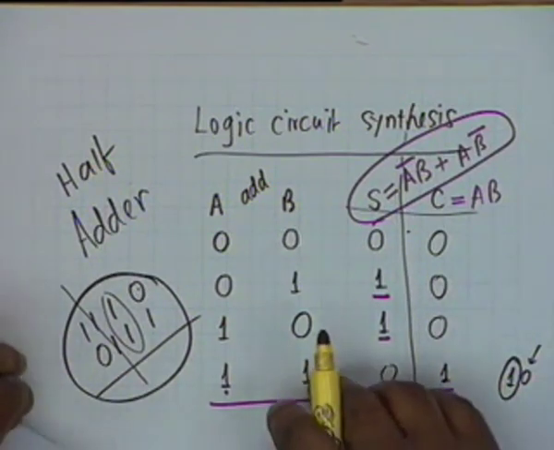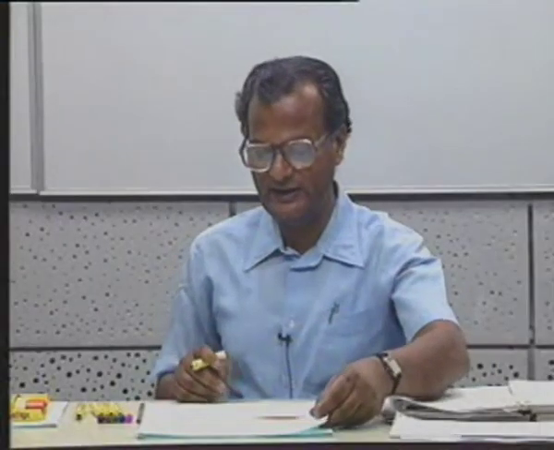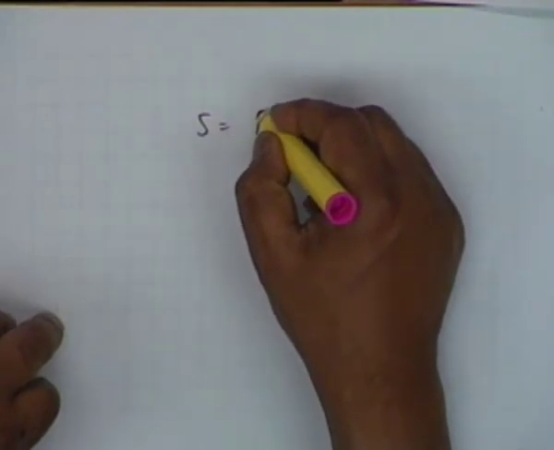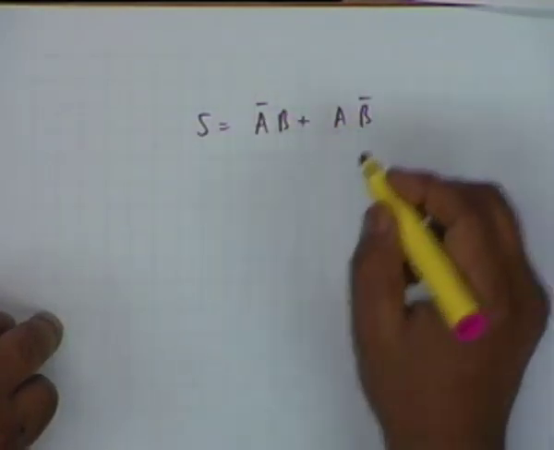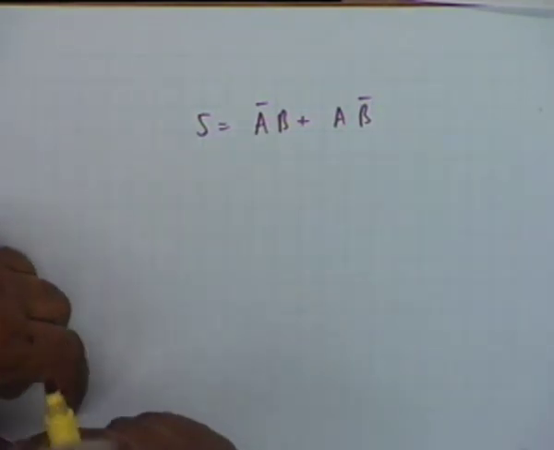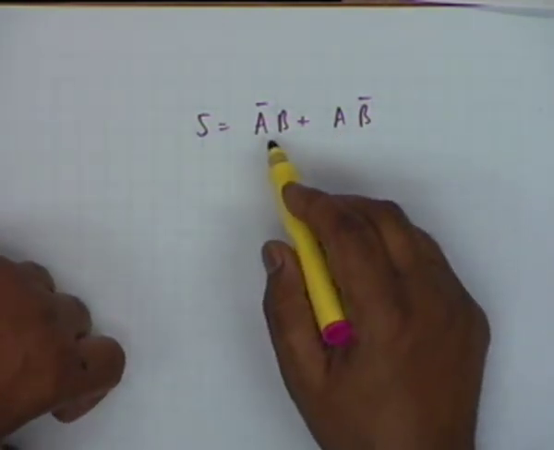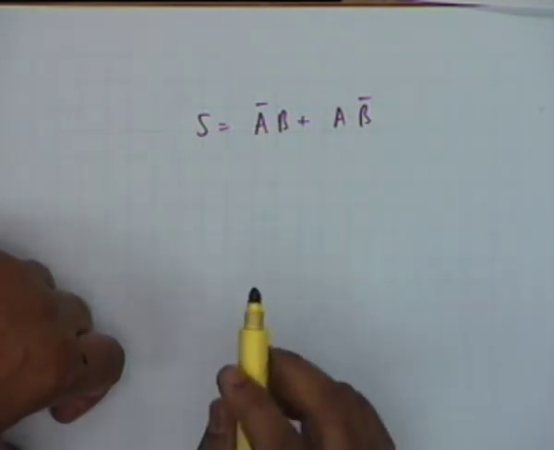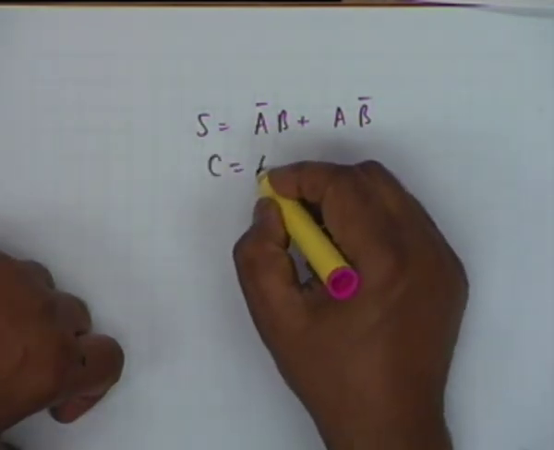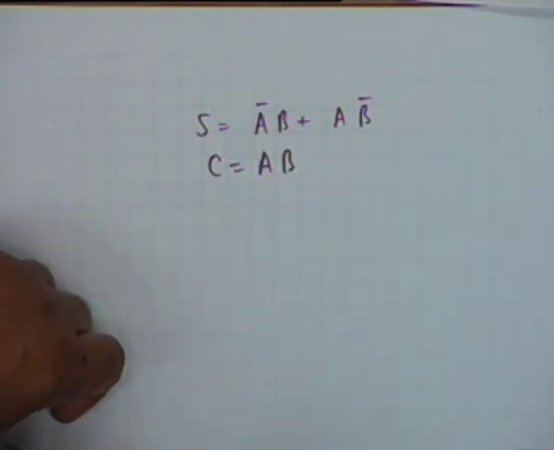Now, if I represent this half adder logic, S is A bar B or A B bar. Well, I will simplify this in terms of ordinary language.